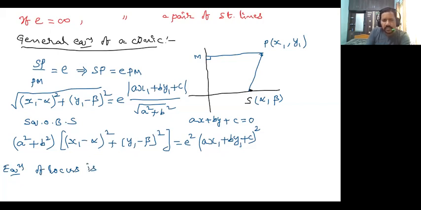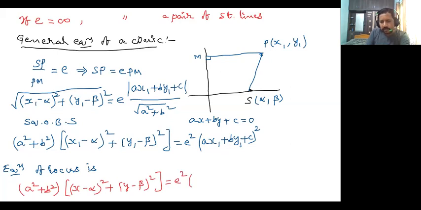Finally, the answer is (a square plus b square) into ((x minus alpha) whole square plus (y minus beta) whole square) is equal to e square into (ax plus by plus c) whole square.